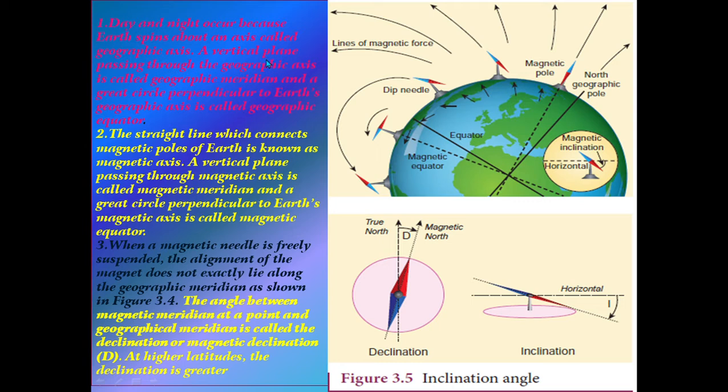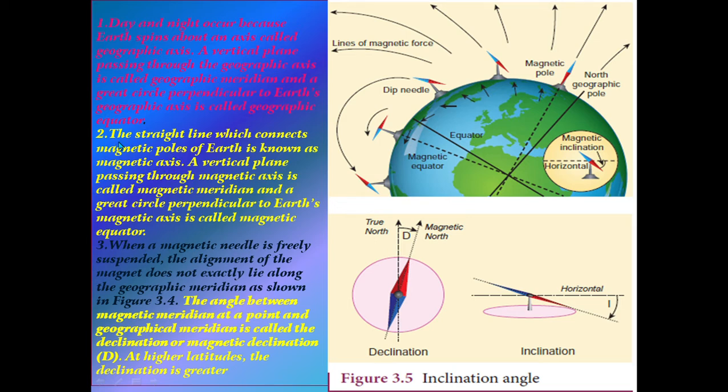A vertical plane passing through the geographic axis is called the geographic meridian. Then, a great circle perpendicular to the Earth's geographic axis is called the geographic equator. This is also important, two more questions. The second point: the straight line which connects the magnetic poles of the Earth is known as the magnetic axis.